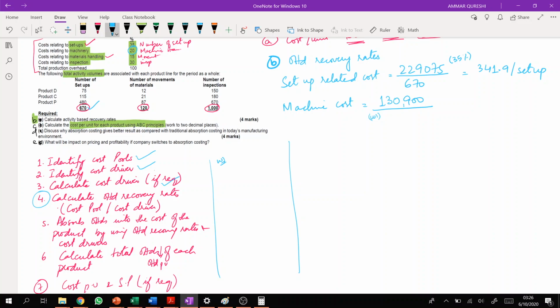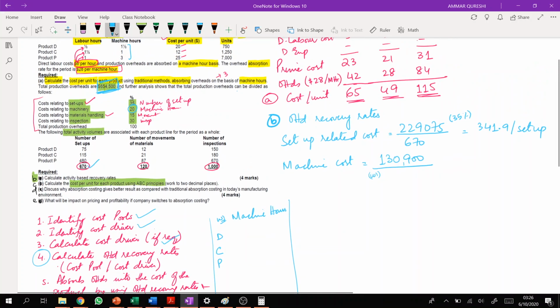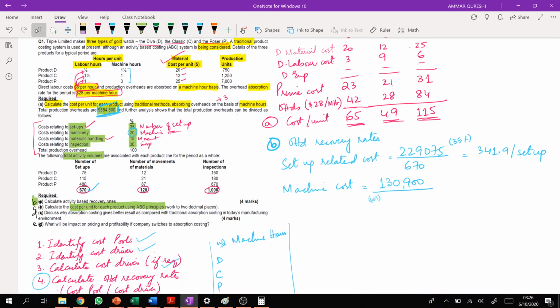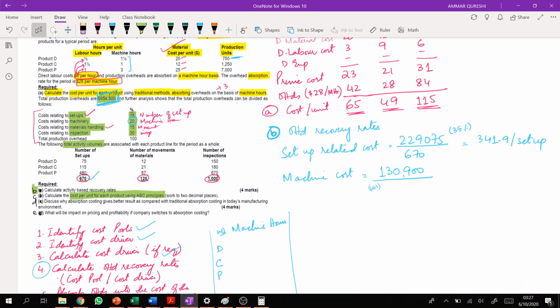Machine hours required for product D, machine hours required for product C, and machine hours required for product P. We are calculating machine hours, right? So how many units we have to manufacture for product D? 750 units for D, and 1 unit requires 1.5 hours, right?